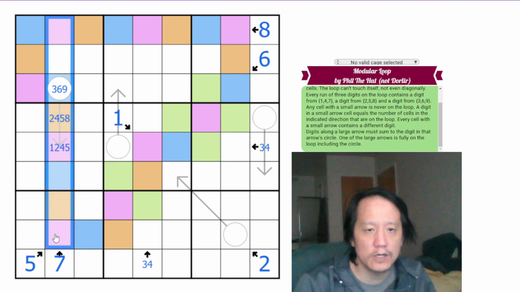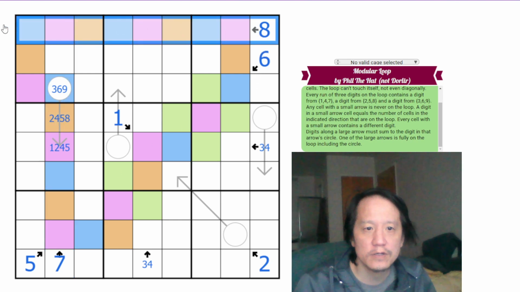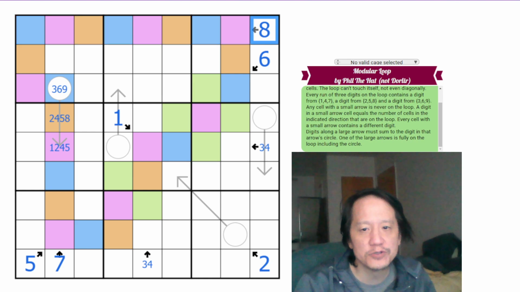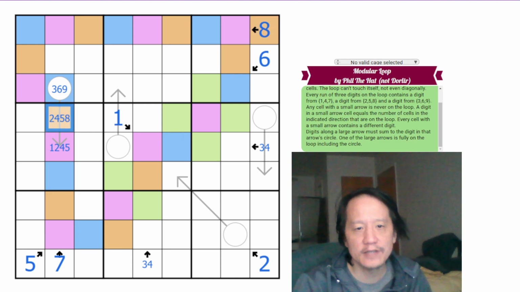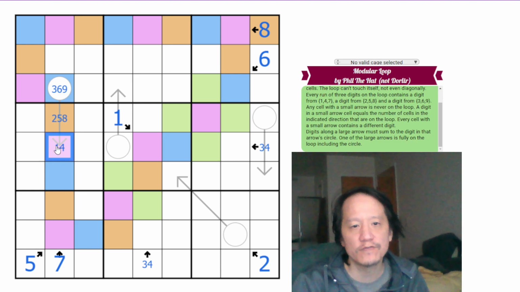Okay, so on this diagonal, what's the one that's missing? Sorry, in this row. What's the color that's missing? Orange. So therefore, 8 must be orange. So this has to be 2, 5, and 8. This is 1 and 4 then.